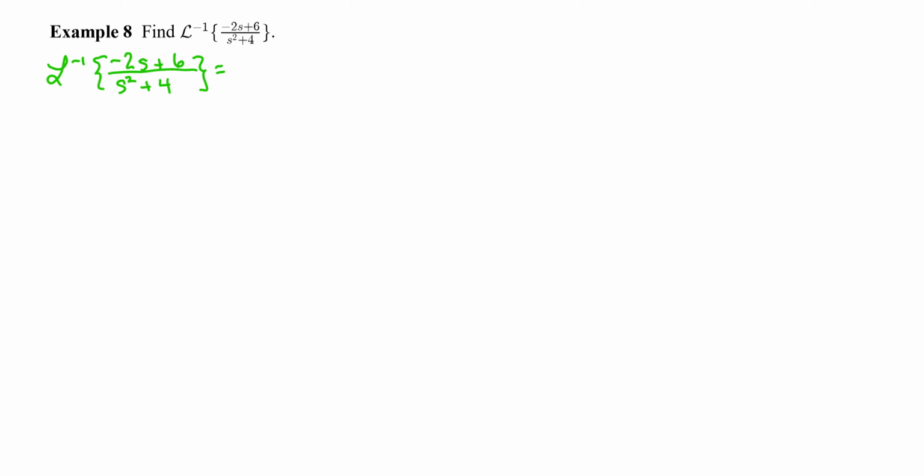And while I'm doing that, I'm going to factor out constants. So let's start with putting negative 2s over the denominator. I'm going to factor the negative 2 in front of my operator and leave this as s over s squared plus 4. Then we're going to have 6 over s squared plus 4. We can factor the 6 out of the top.